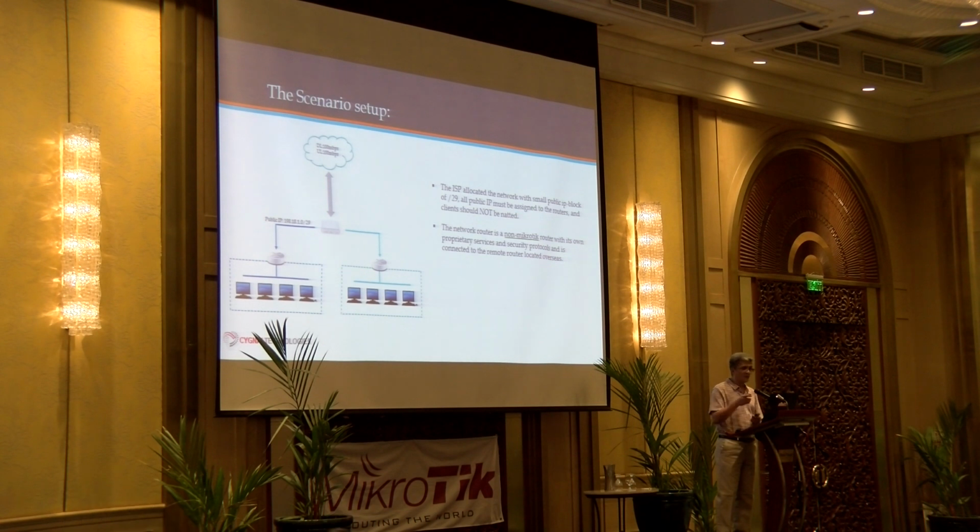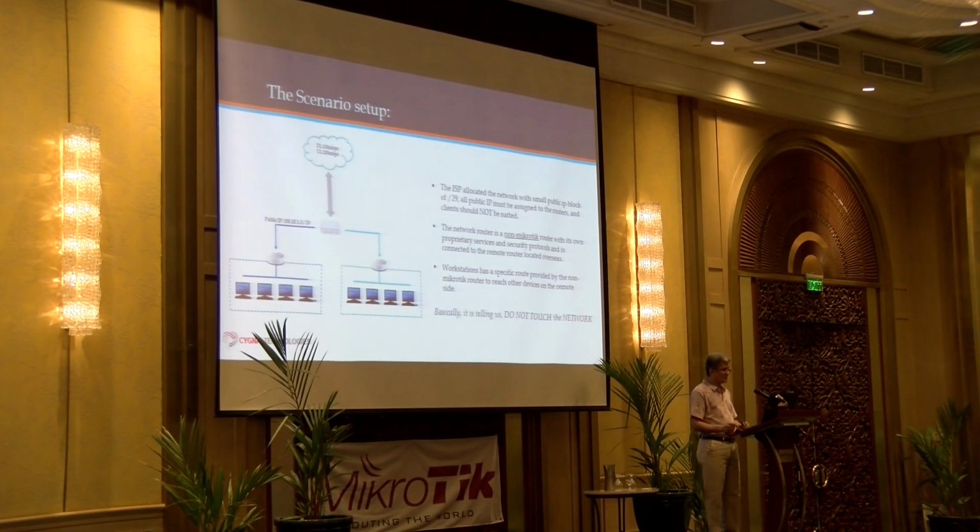Have you? Okay, this one is for you. All right. Workstations have a specific route provided by the non-Mikrotik router to reach other devices on the remote side. This is the scenario. Basically, what it's telling us is do not touch the network.